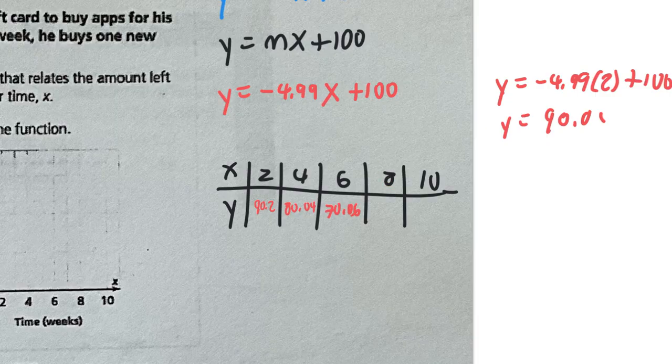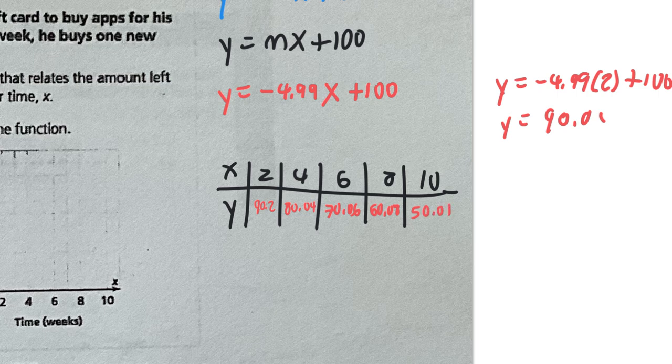If you were to plug 8 in for x, that would be $60.08. If you were to plug 10 in, that would be $50.01.